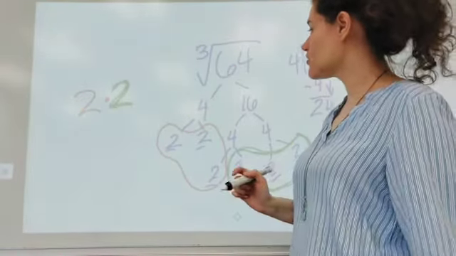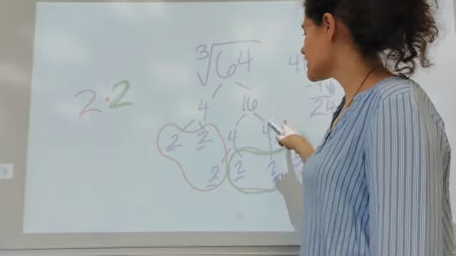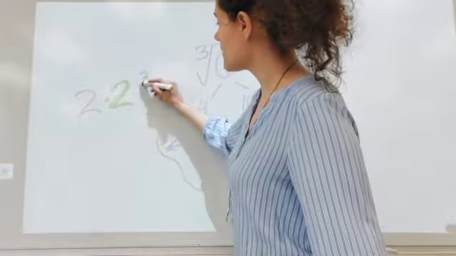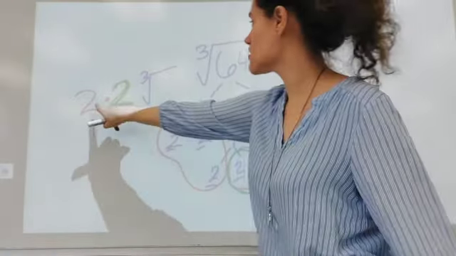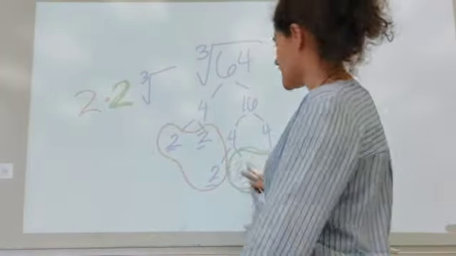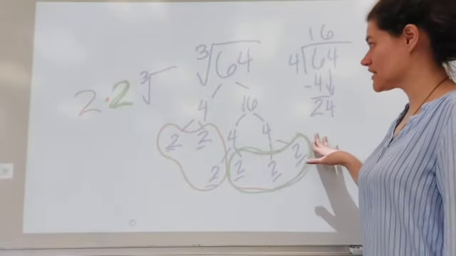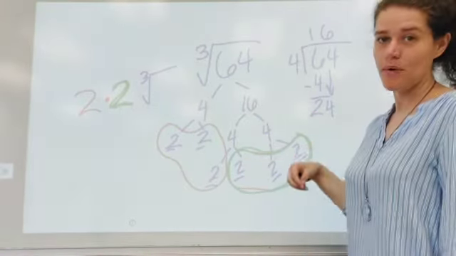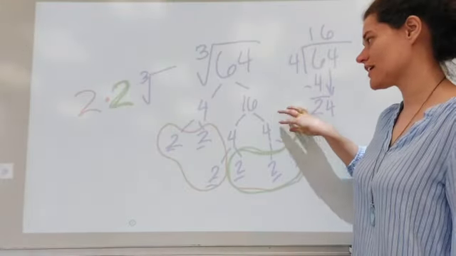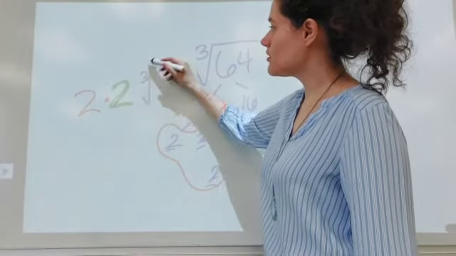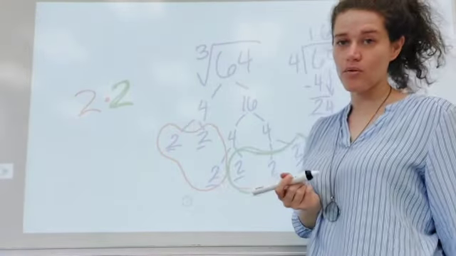Okay, so now here I'm wanting to see what's left over, right? Because this is on the outside of the cube root and this is on the outside of the cube root. But if I look at my factor tree, I've taken everything away. I don't have anything left on the inside. So actually, this cube root can go away.